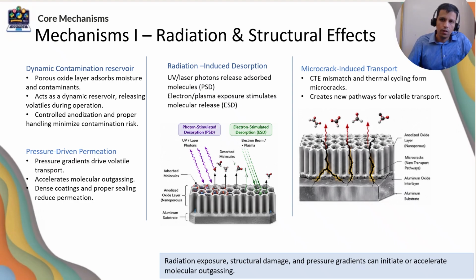The next one is a different concept: microcrack-induced transport. The anodized aluminum and the top layer, the aluminum oxide, both have different mechanical properties, especially the coefficient of thermal expansion. The aluminum substrate expands due to temperature in one way, and the top layer, which is the anodized surface, expands in a different way.